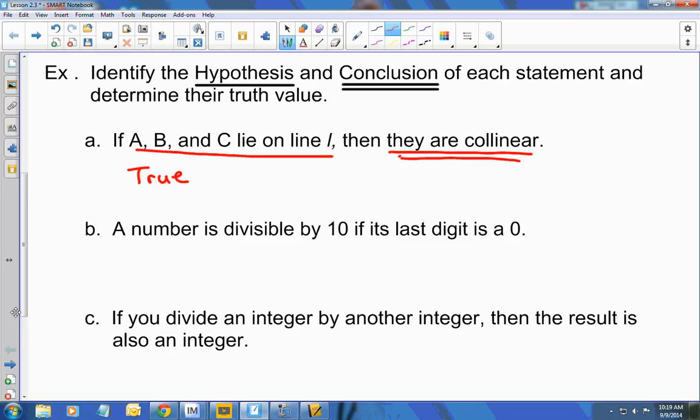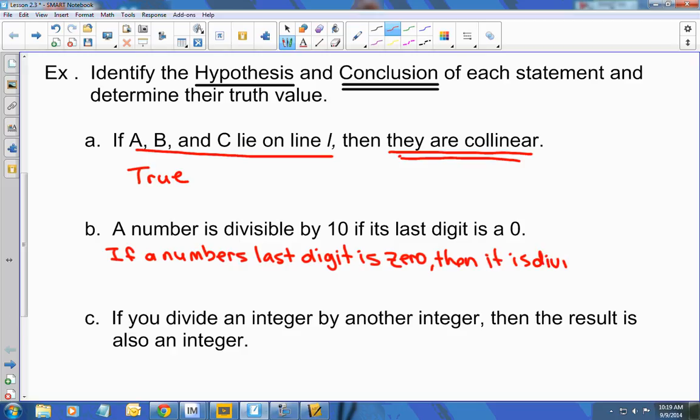So I would say, if a number's last digit is 0, then it is divisible by 10. So then my hypothesis, we already said, is what comes after the word if: a number's last digit is 0. And the conclusion, it is divisible by 10.